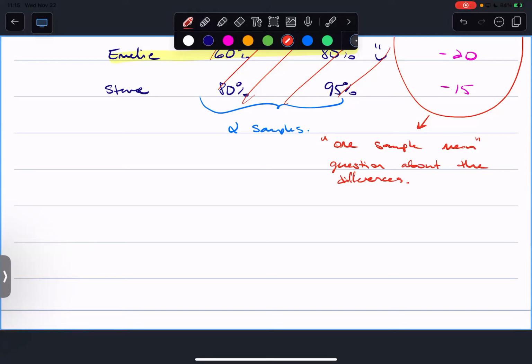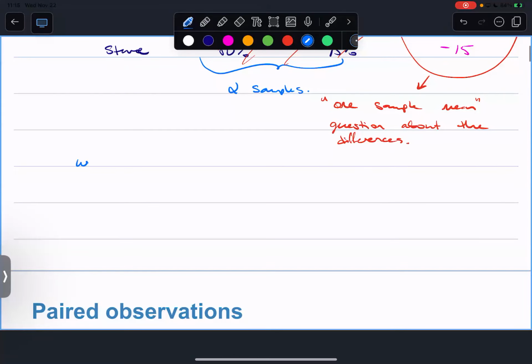You'll be able to calculate the sample mean of the differences.